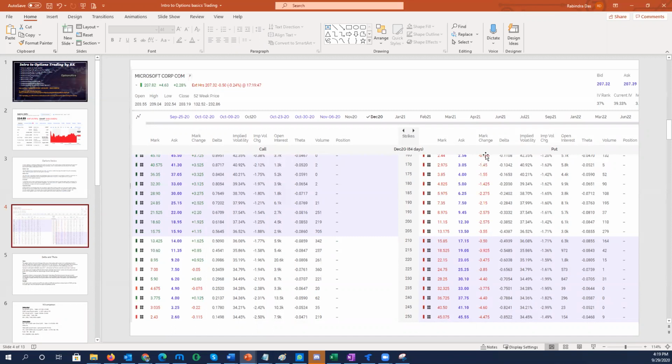The same thing is on the put side. Suppose you bought a put at $9.45. You paid $945 because each contract is 100 shares, so 1 into 945.